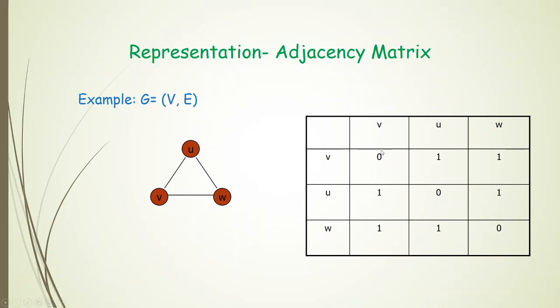Therefore, V to V is 0. Now, V is adjacent to U. Therefore, we put 1. Another, V is adjacent to W. So, since they are adjacent, it's 1. W is not adjacent to itself, so it is 0. W is adjacent to both U and V, so WV is 1, WU is 1.